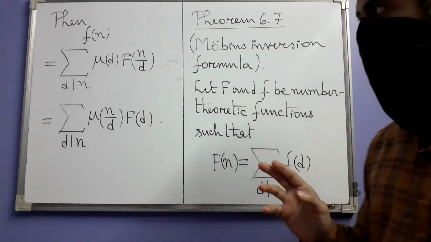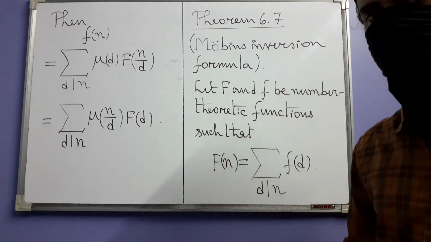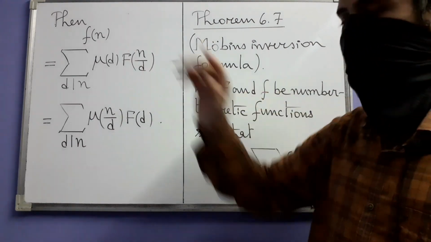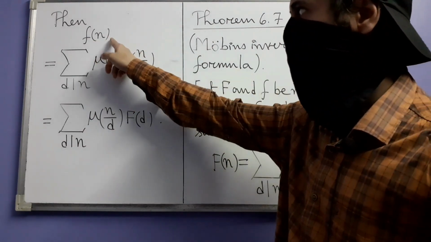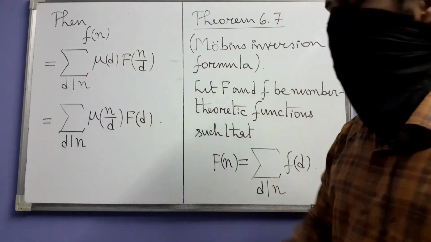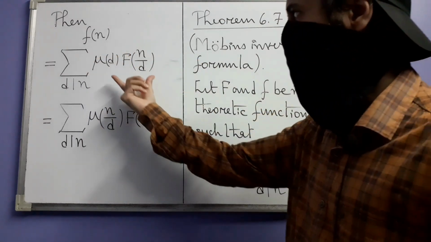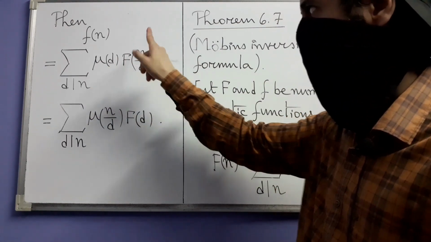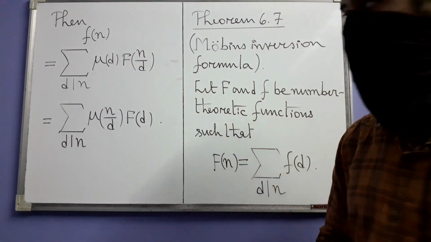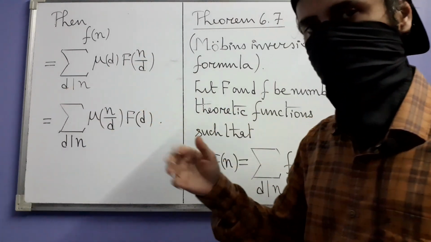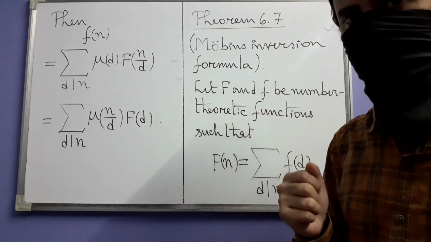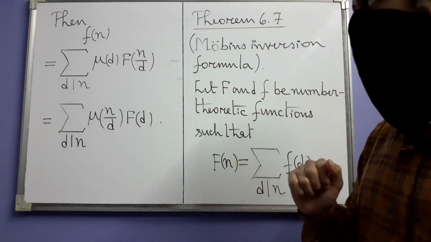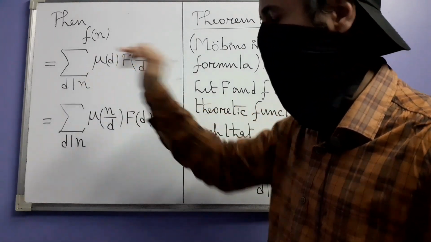If so, then we can invert, we can interchange the roles of capital F and small f like this. Small f of n then equals this sum, where each term now looks like this, mu of d times capital F of n divided by d, as d varies again over the positive divisors of n. So you see that in this inversion, very mysteriously mu is involved.